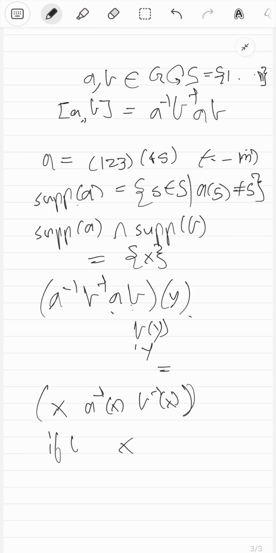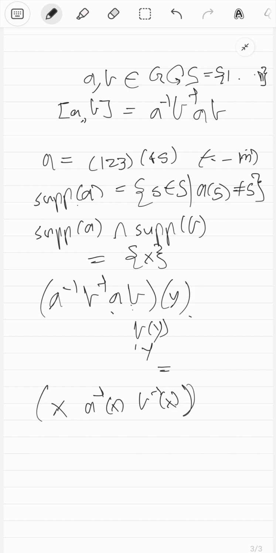So if b of y is not x, which only happens if y is b inverse of x, but we already covered that case, so we know that this inequality holds, and in that case we know that it is not in the support of a, because it is in the support of b, obviously.